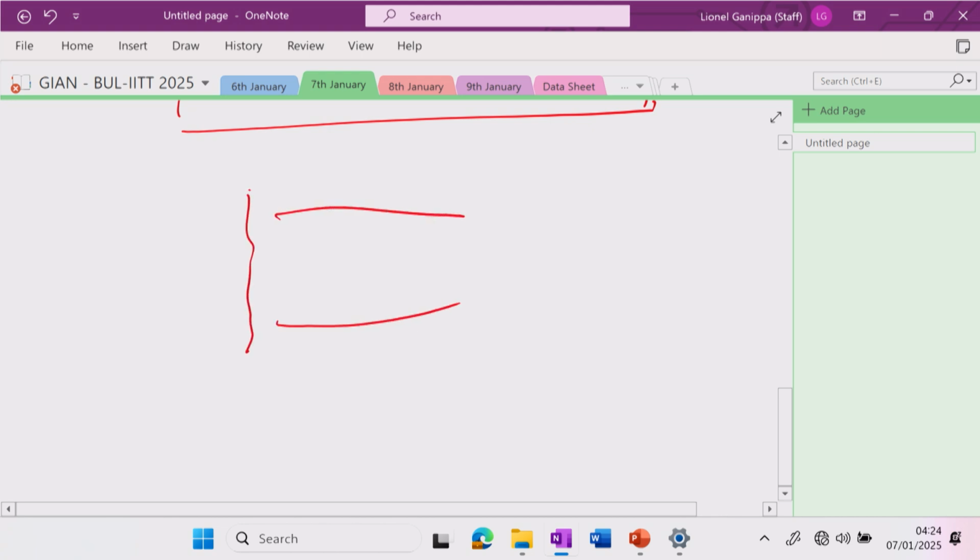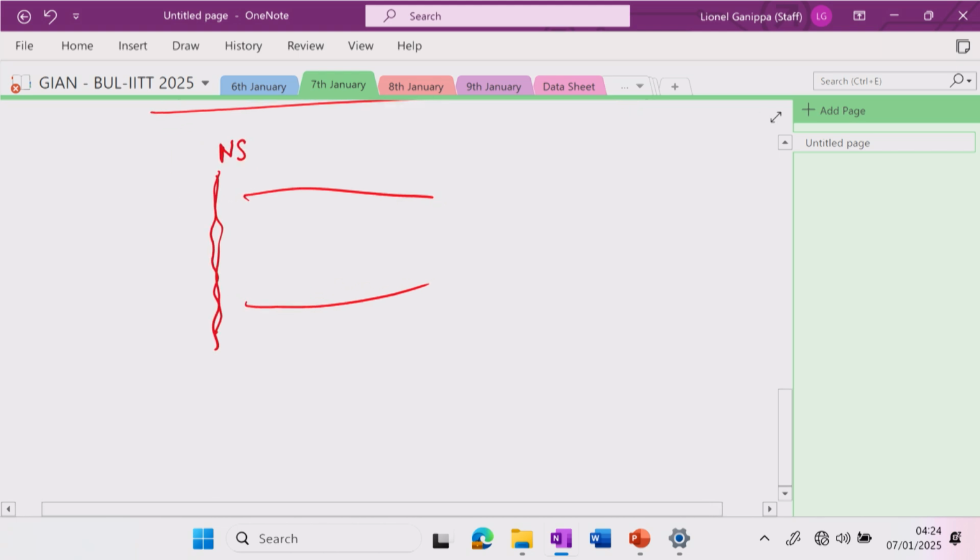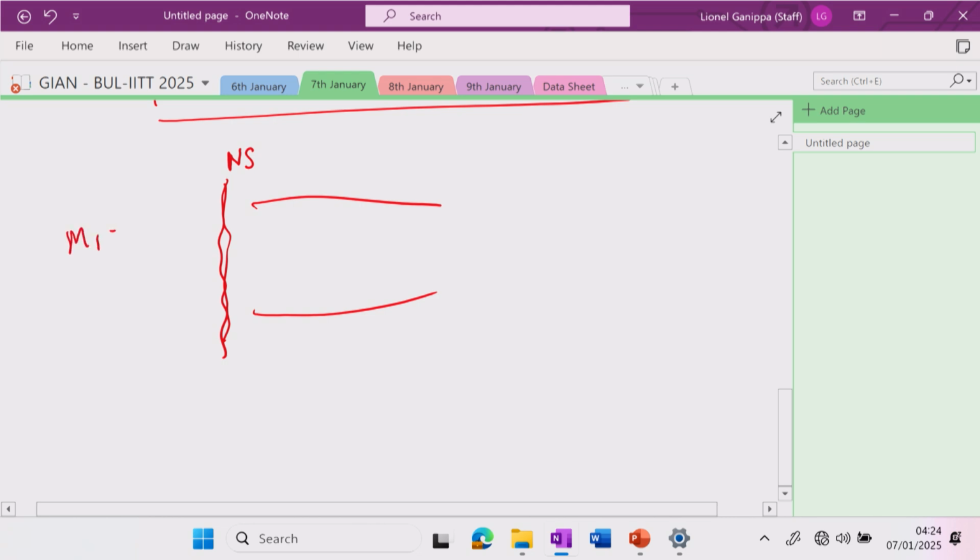So here is the normal shock. M1 is given, it is flying at 1.6. We are asked to find out what is Mach number M2, what is total pressure PT2 after the shock, what is the static pressure P2 after the shock, what is the total temperature after the shock, and the static temperature after the shock.